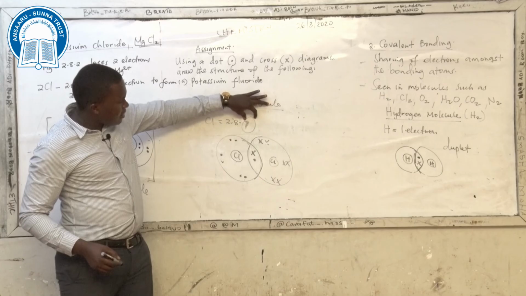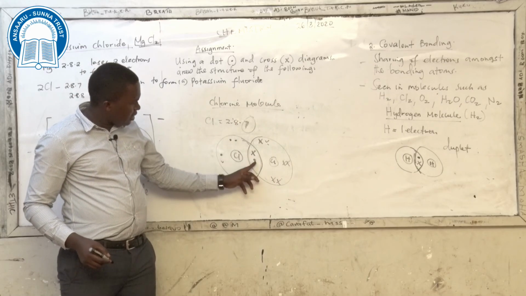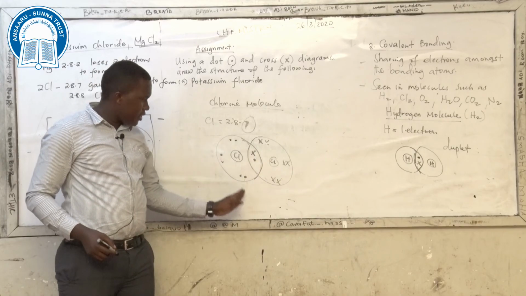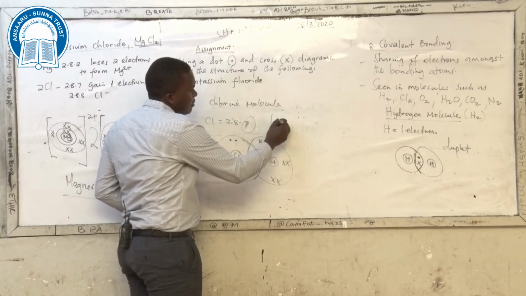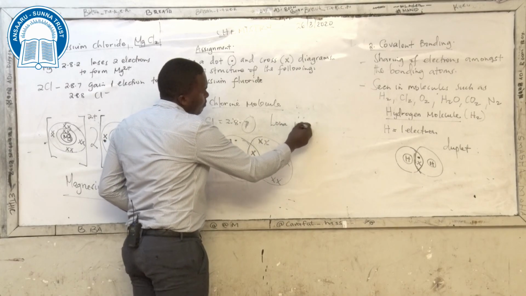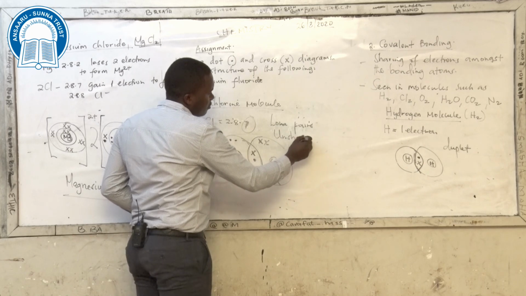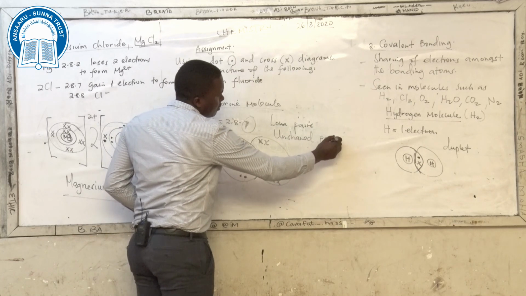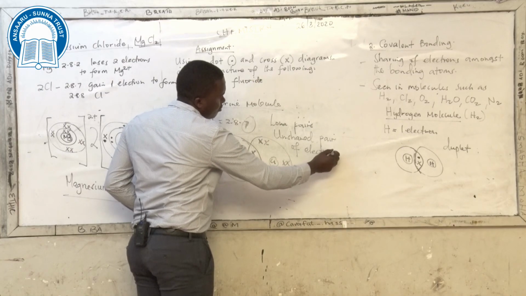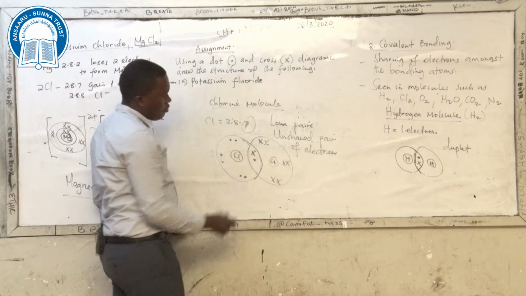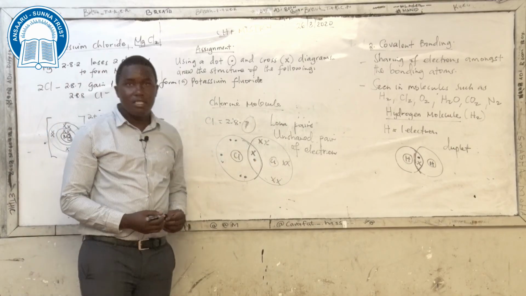You can see the last 7 of both will overlap. This one will give 1, this also gives 1, then they share. Then the other 6 will be called the lone pairs, or the unshared pairs of electrons. These are not bonded to anywhere, and they will be represented in the other space of the outer energy level.